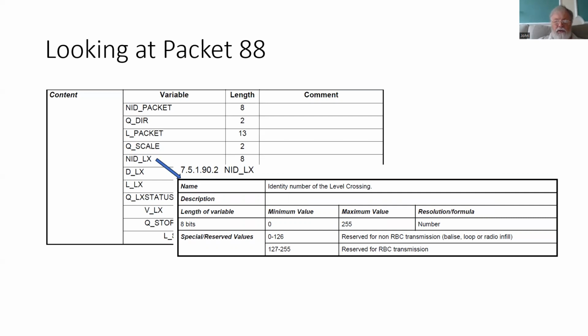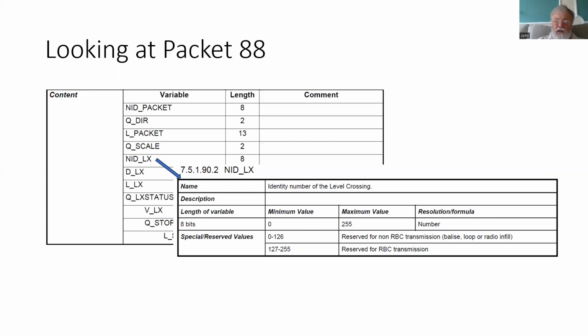The first 127 identities, from 0 up to 126, are reserved for transmission other than by the RBC, so typically by a balise group. The remaining identities, 127 to 255, are reserved for transmission by the RBC.